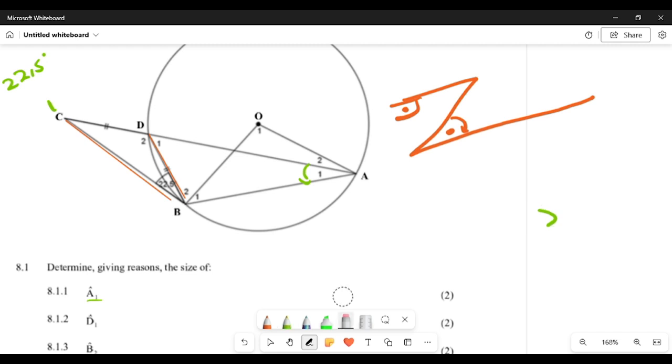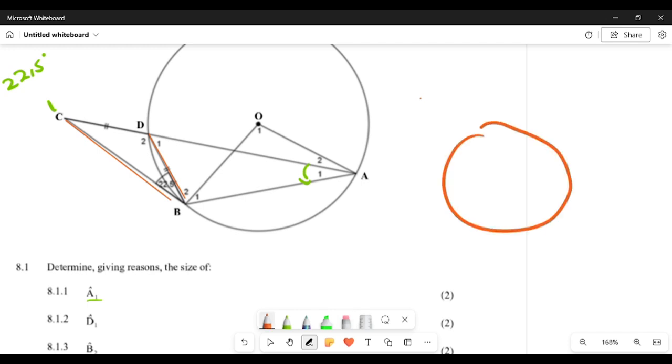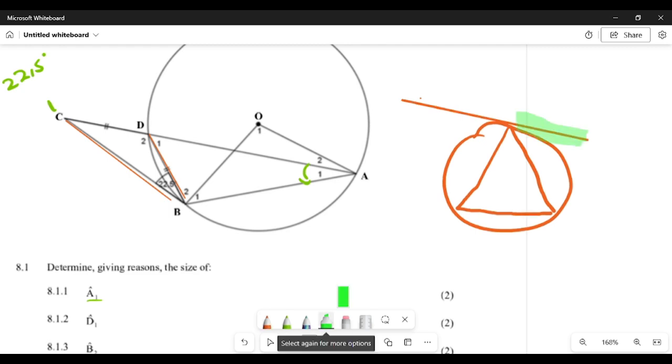Let me quickly show you in a triangle inside a circle. If I could draw a circle here, I could draw a triangle and say this is my tangent. And I'm saying that the angle between the tangent and the chord, drawing the Z, it will go from here.